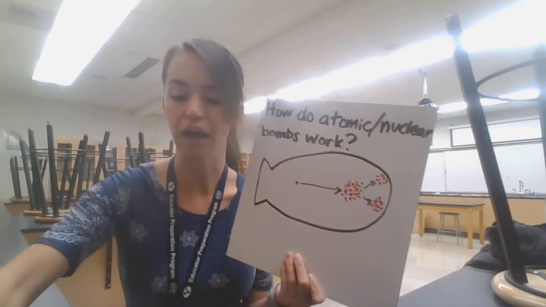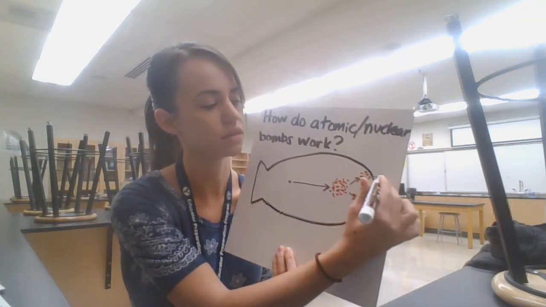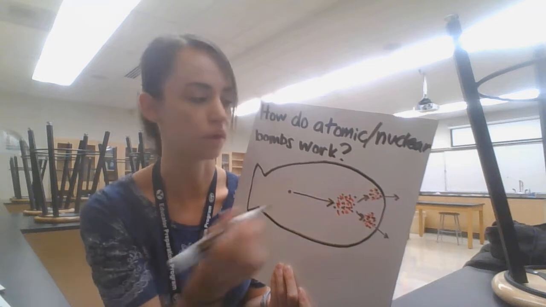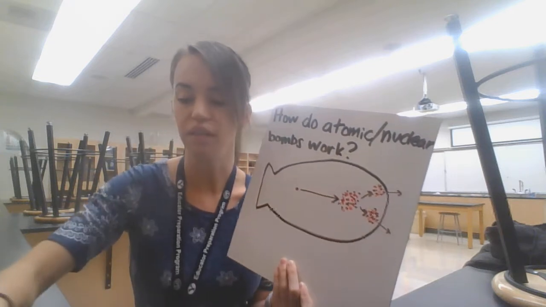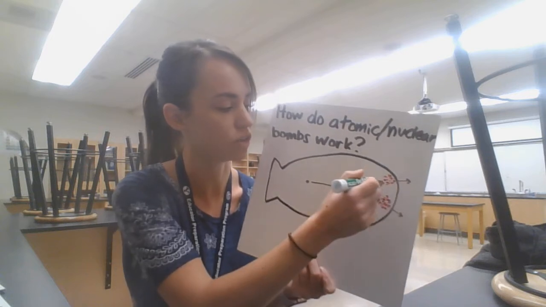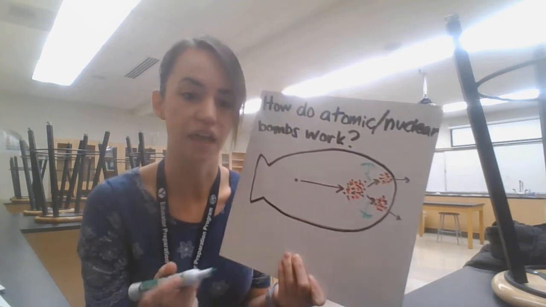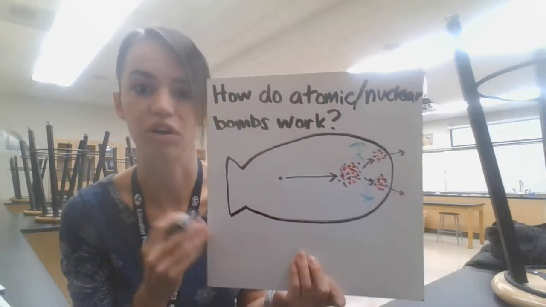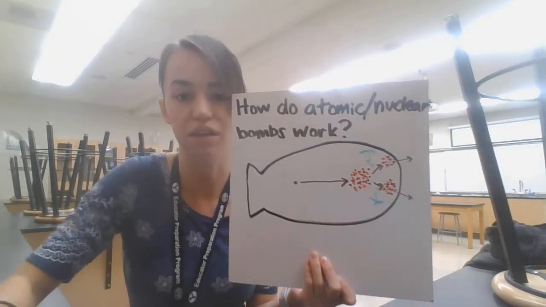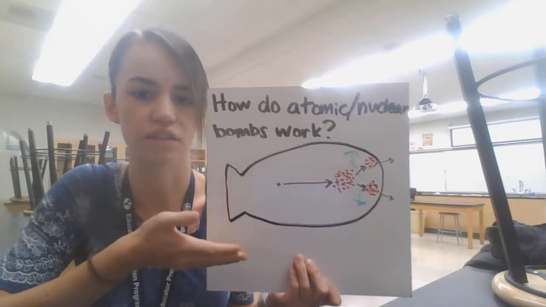Then this reaction can continue to happen. These can break apart and these can break apart, and it will continue to break apart. Every time this breaks apart, a lot of energy is released, and this energy is what causes the huge explosion that we see. So think to yourself, what causes nuclear bombs to work?